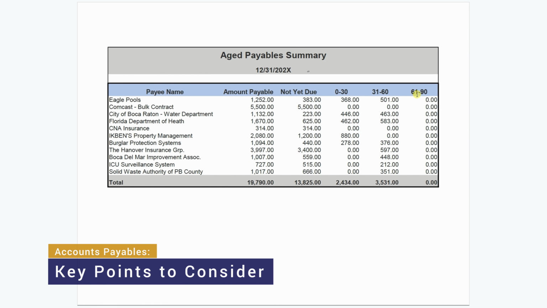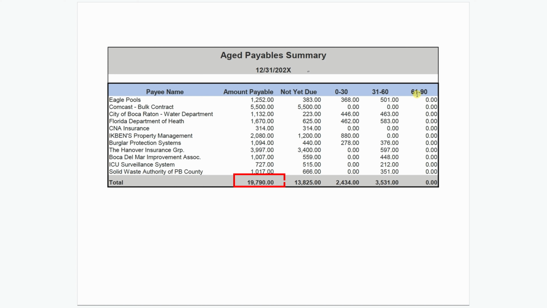When reviewing the accounts payable report, it's important to focus on the total amount of unpaid invoices and the number of days the association is past due on each invoice. It's generally good practice for an association to pay its invoices within 30 days of issuance. A high number of unpaid invoices or a high number of days past due may indicate financial problems within the association.